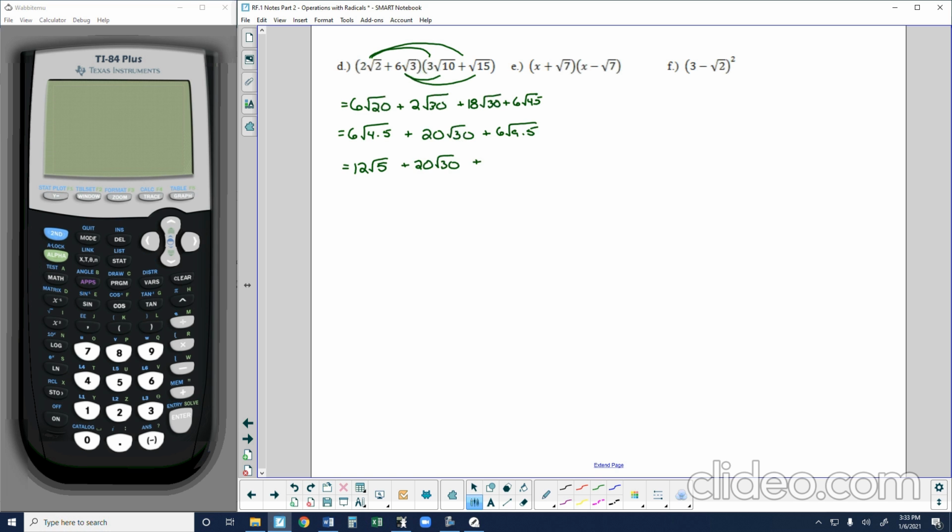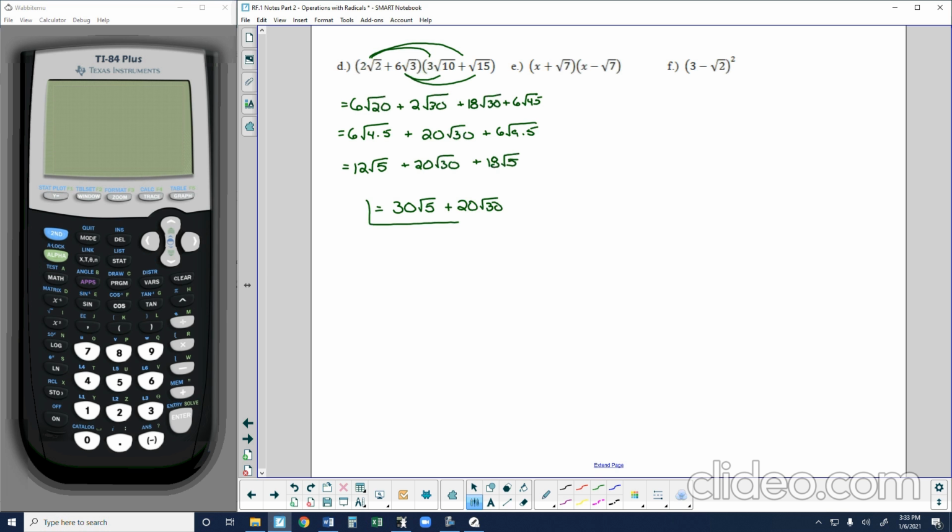And then I have root 9 that simplifies to 3 times the 6 that's already out there, 18 roots of 5. Finally, I may notice here in the first term I have 12 root 5, and now I have 18 root 5 as the last term, so I can add their coefficients and end up with 30 roots of 5, and still plus 20 root 30.